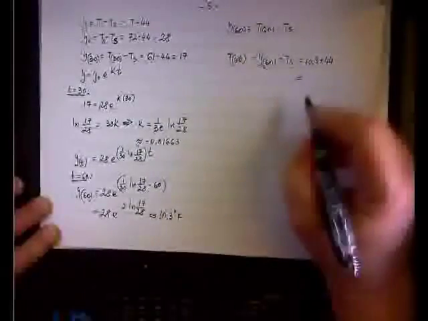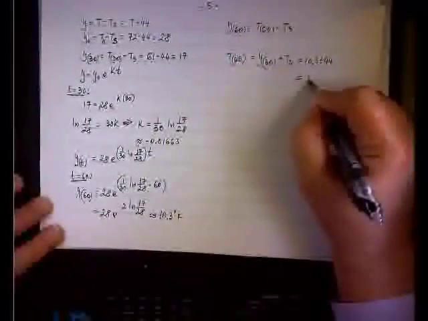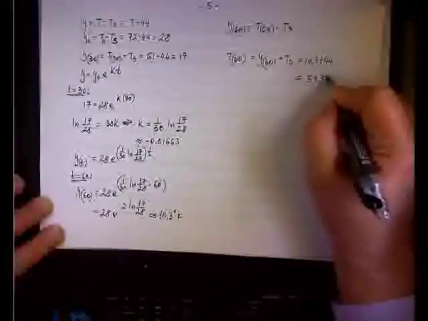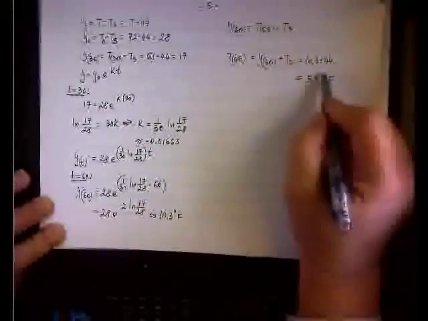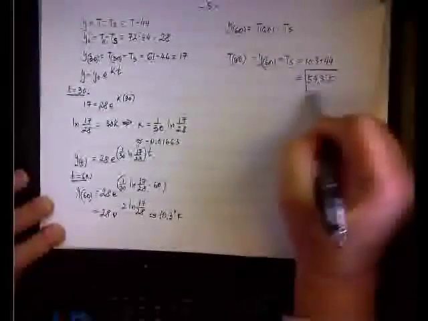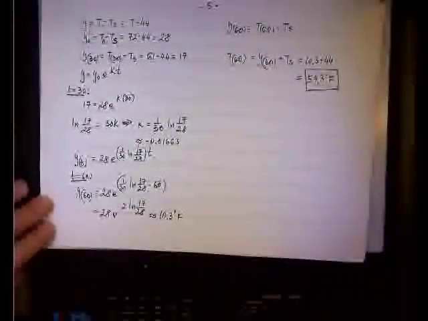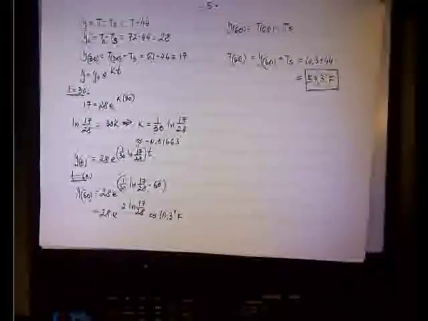So the solution is 54.3 degrees Fahrenheit, which makes sense. We know that the temperature cannot be lower than 44 degrees, right? But it has to be less than 61 degrees because it took 30 minutes.